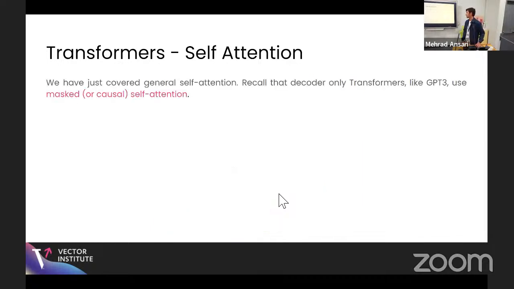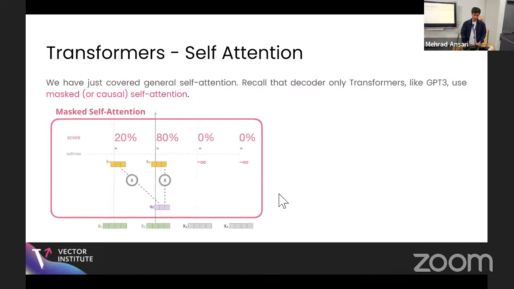However, what's special to decoder-only transformers is that it's masked self-attention. What's different is that for a given token, all of the future tokens on the right-hand side will be masked out. So the given token is not allowed to look into the future.